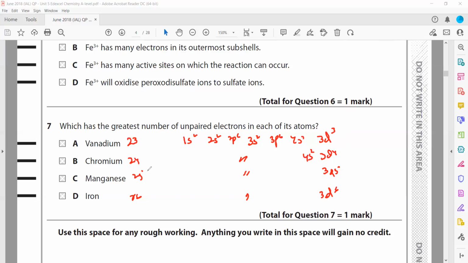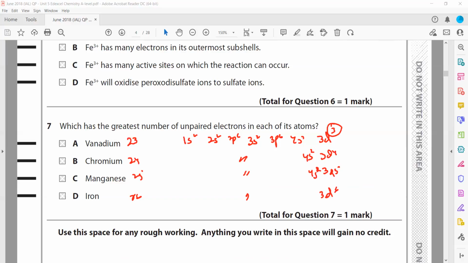Chromium is 24, manganese is 25, iron is 26. Because half-filled orbitals are more stable, how many unpaired electrons are there? This one is having 3 unpaired electrons. Now, what happened for manganese? It is 4s2 and 3d5.